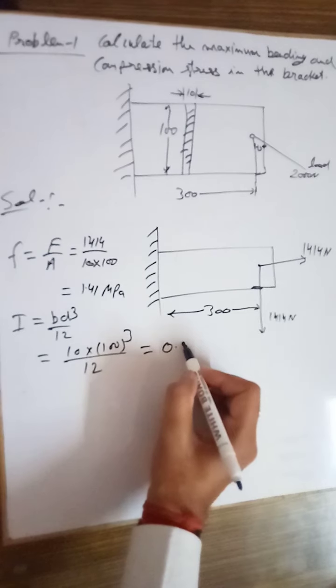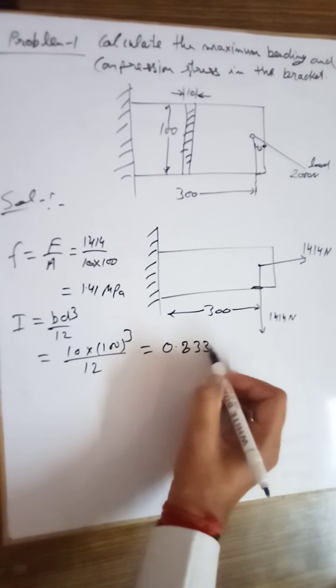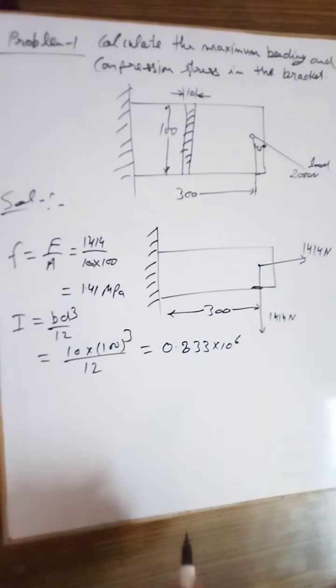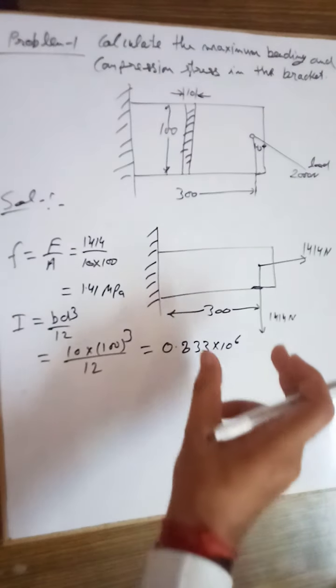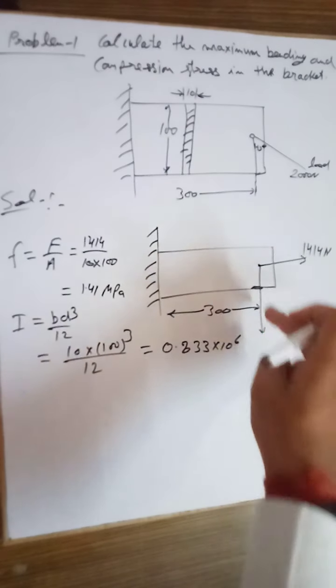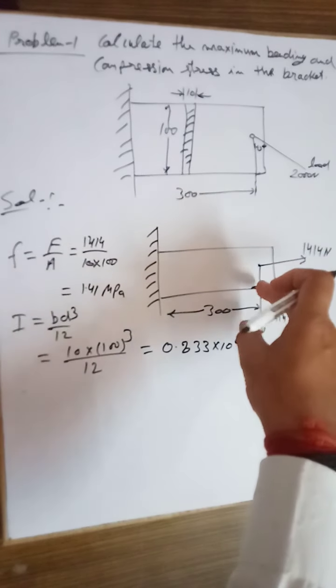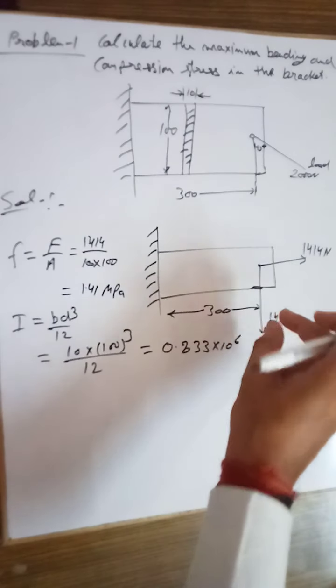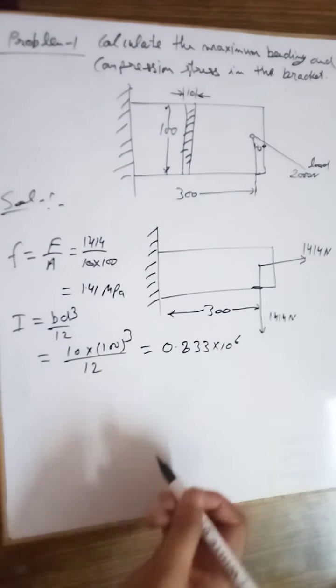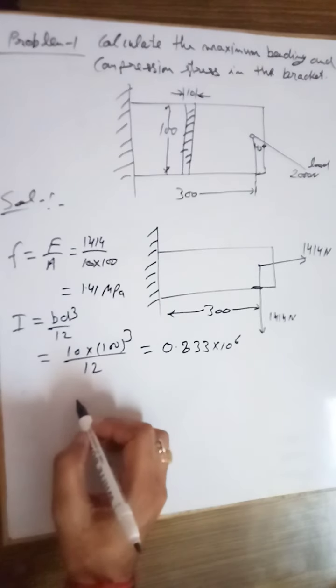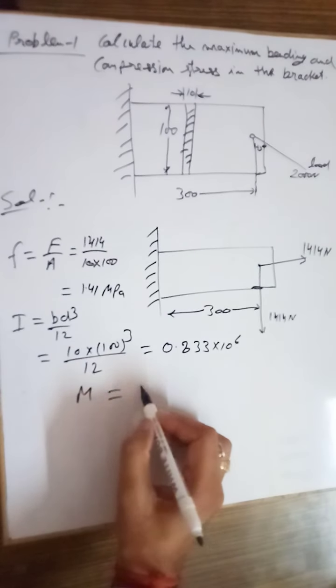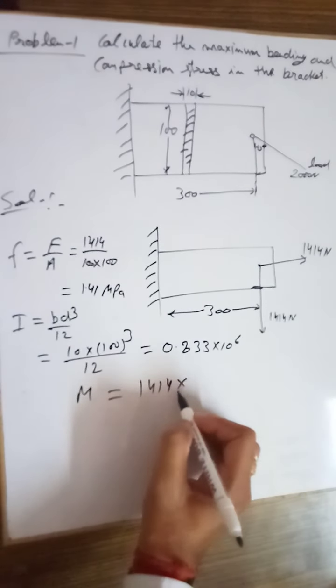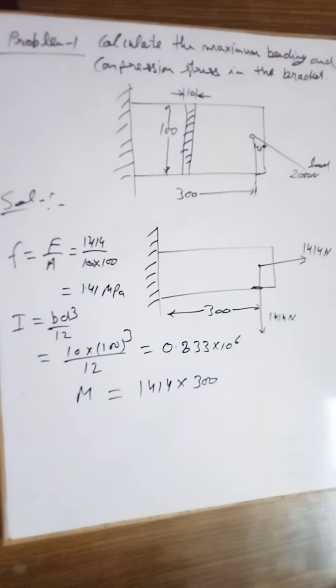It is 0.833 into 10 to the power 6. So the bending moment along this axis: the distance is this, and the force is also 1414. So the value of M can be calculated as 1414 into 300. So this is our bending moment.